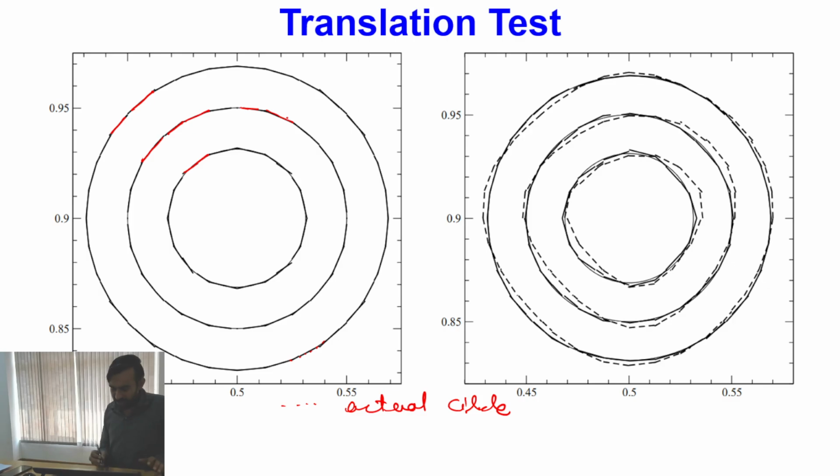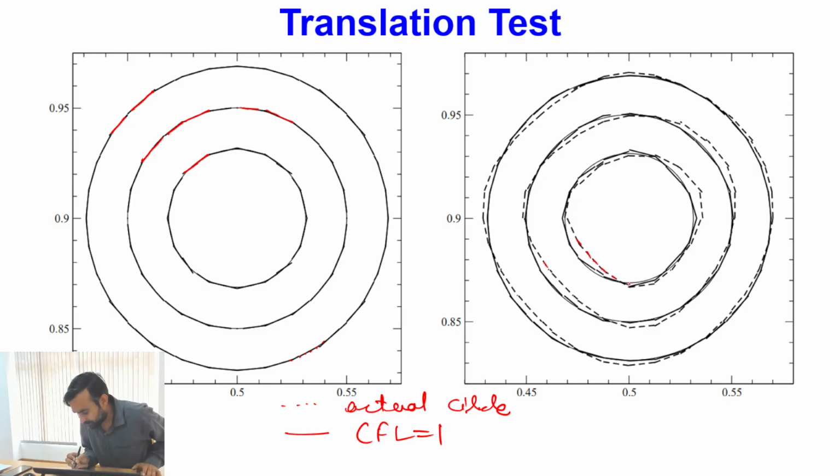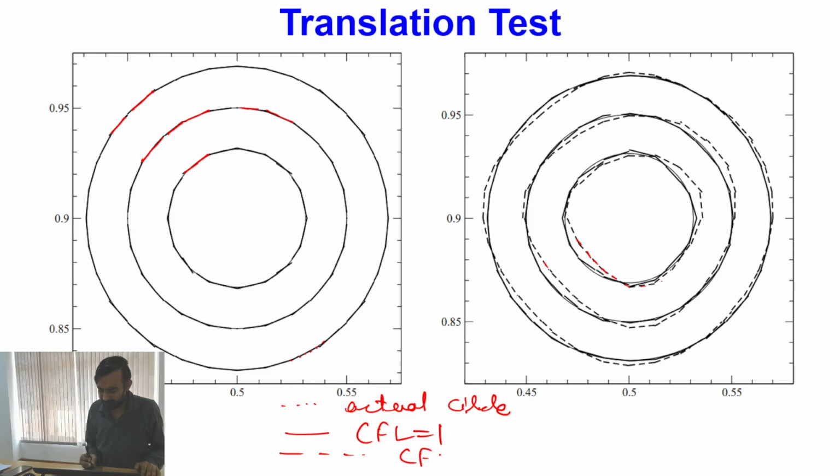The black color corresponds to the situation when the CFL number is equal to 1, and the small dashed lines, which here are overlapped but elsewhere appear with separate boundaries, represent a CFL of 0.1.